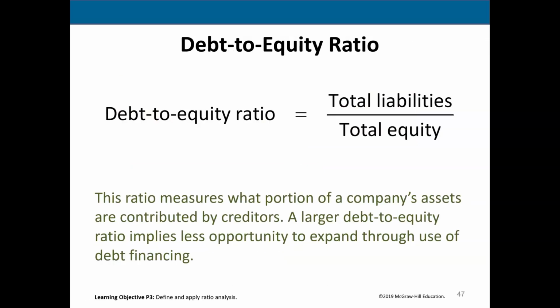And then we have the debt to equity ratio, which measures what portion of the company's assets are contributed by creditors. A larger debt to equity ratio implies less opportunity to expand through the use of debt financing. The higher the number, the more debt they have. The lower the number, the more equity they're using, which is common stock.